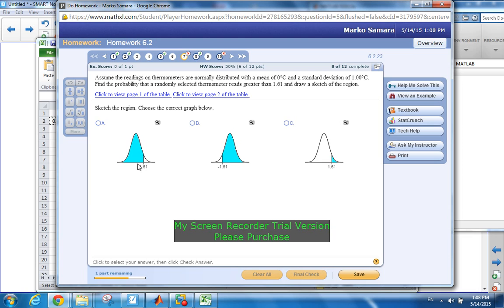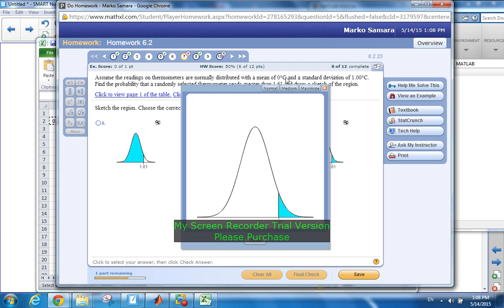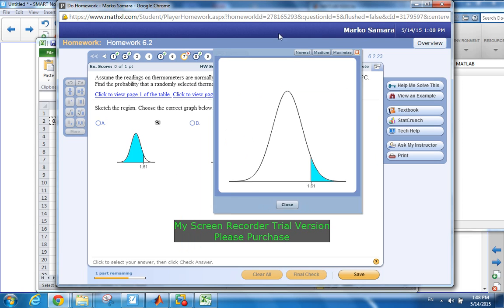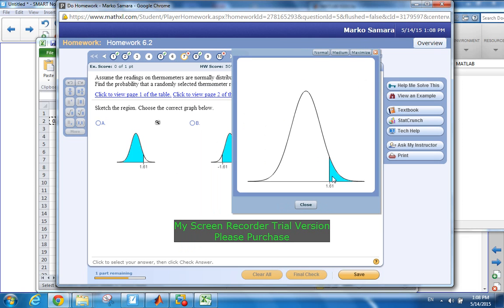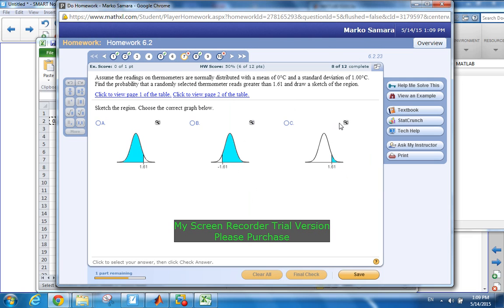So these two graphs, A and C, have 1.61 as a distinguished point. But it is this one that covers the region over the interval from 1.61 and above. So this is the answer, C.